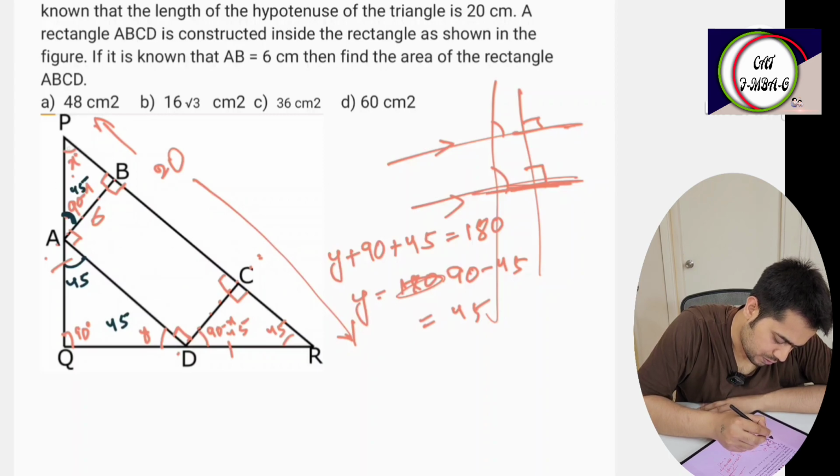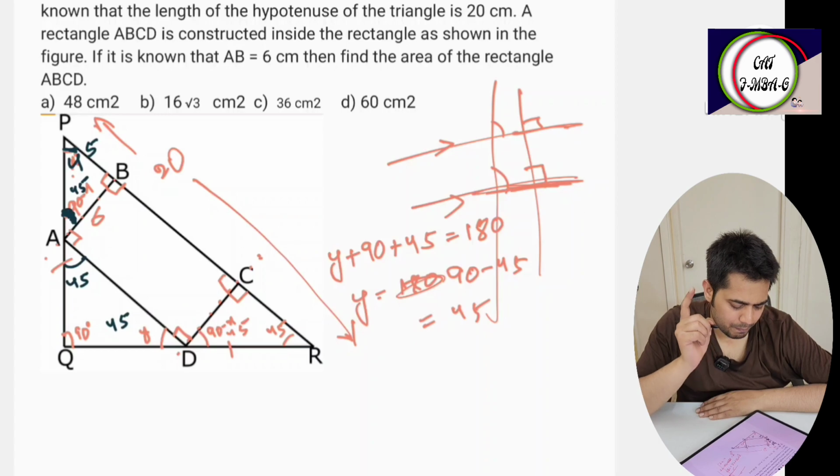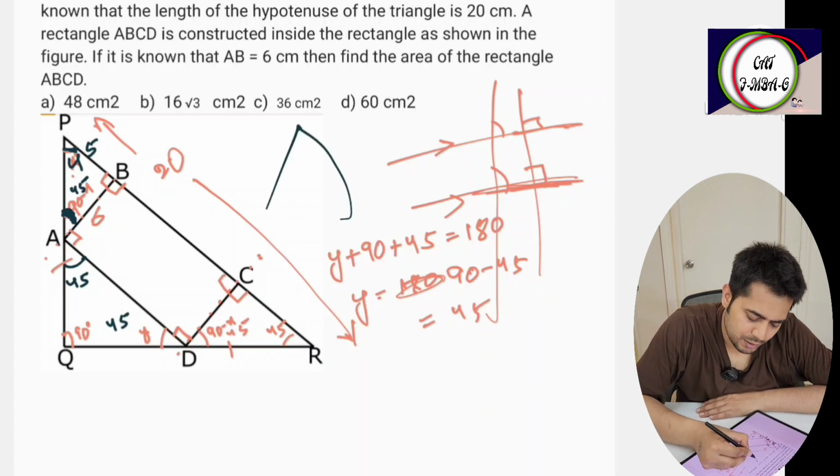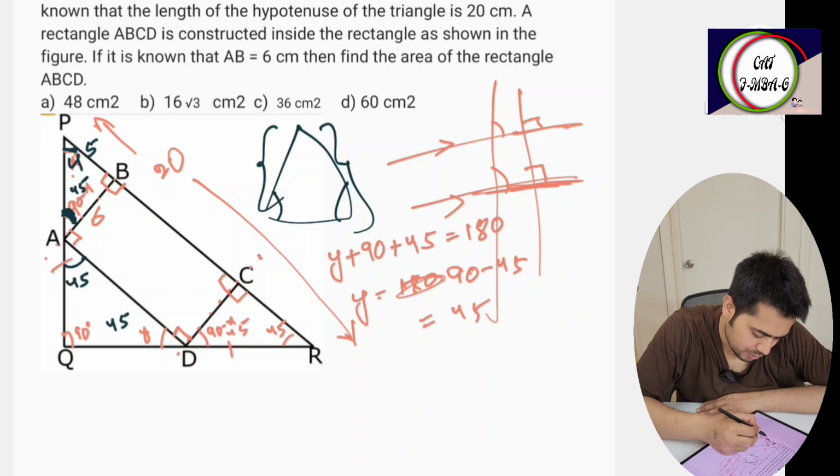So this is 45. This is 45. So that means PB is equal to AB, because PBA triangle is an isosceles triangle. In an angle, if this angle is equal to this angle, then this length is equal to this length, because this is an isosceles triangle.